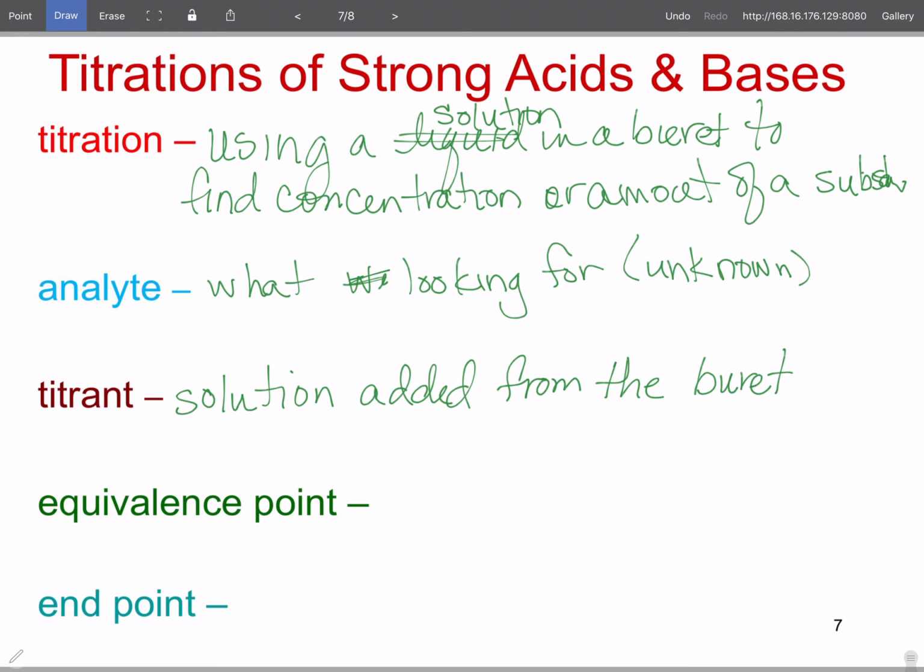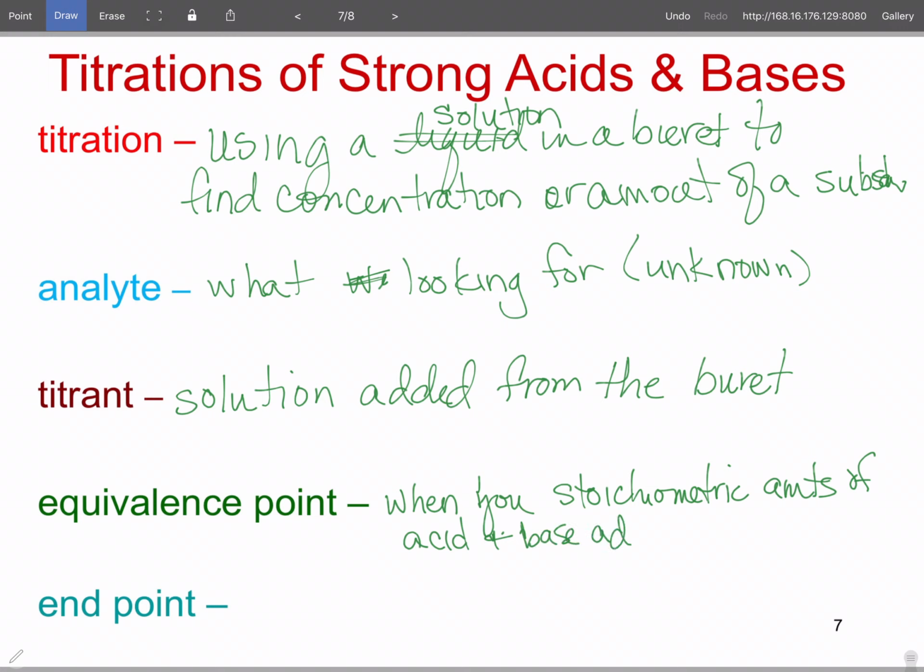Now the equivalence point is when you have stoichiometric amounts of acid and base added. What it boils down to is your moles of acid equals your moles of base. So that's your equivalence point.